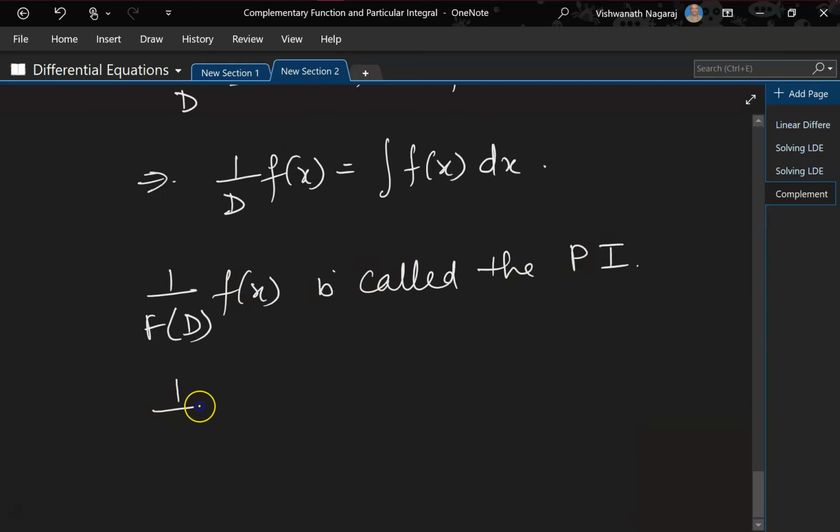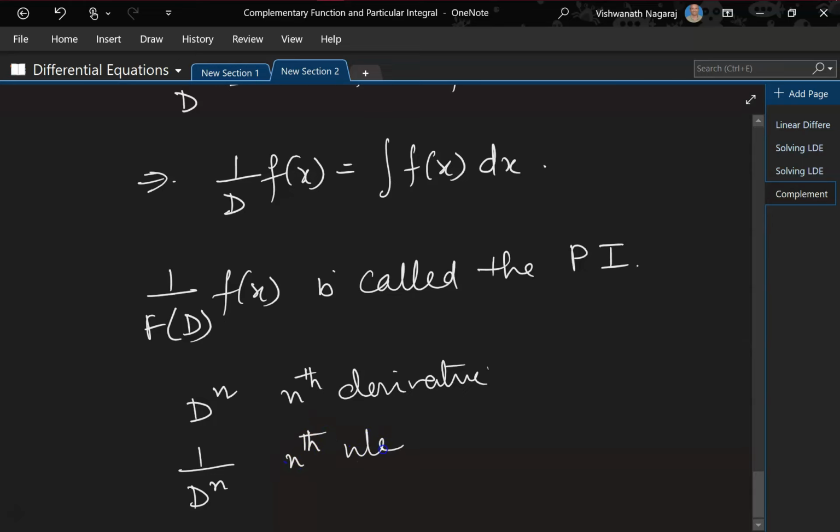Now in case you end up with 1 by D to the power of n, we are talking of the nth derivative if it is D^n. If it is 1 by D^n, then it is the nth integration, or integration done n times.